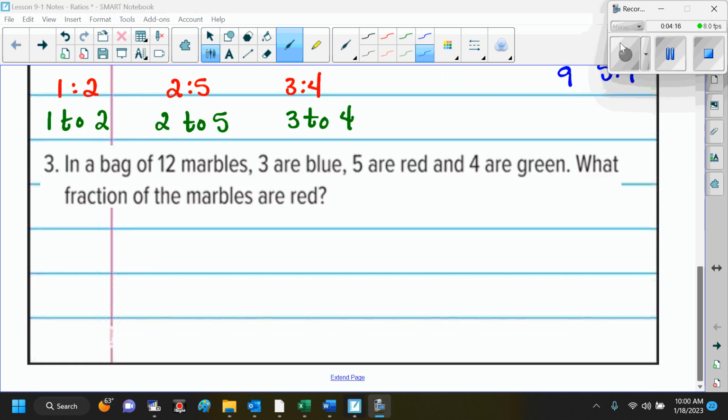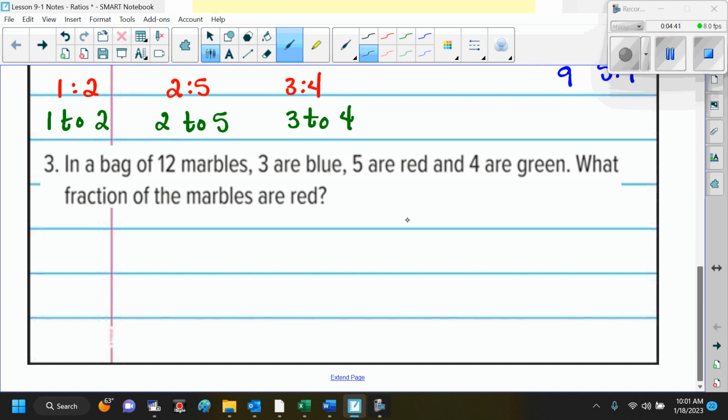All right. So in a bag of 12 marbles, there are 3 blue, 5 red, and 4 green. What fraction of the marbles are red? So what do we have to do on this one? All right.